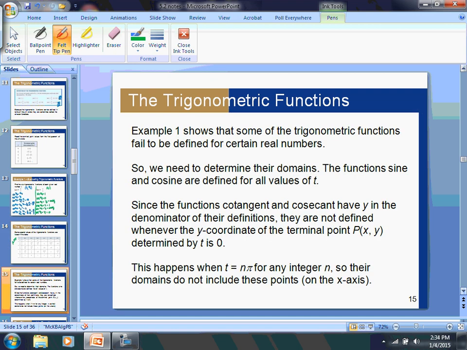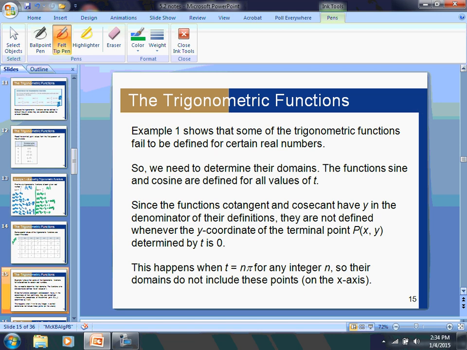So like we said, some of our trig functions fail to be defined, and we also have to be conscientious of our domains for our trig functions. Okay, not all trig functions exist in every quadrant, and it's basically determined by what their denominator is.